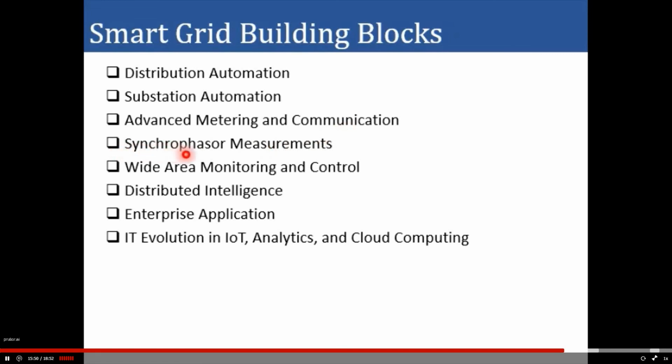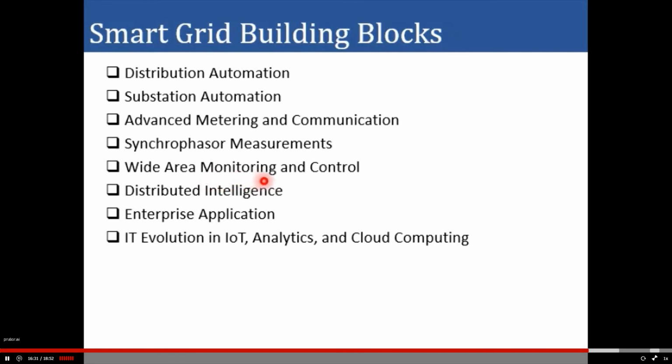The next important building block is synchrophasor measurement. Synchrophasor measurements are generally taken by the phasor measurement units, which are time stamped using a GPS clock. We'll discuss this synchrophasor measurement in detail in the next couple of videos when we discuss smart grid measurements. And also we'll discuss wide area monitoring and control, because when we install the phasor measurement devices in the transmission or the distribution system, we have better monitoring and control of a wider area.